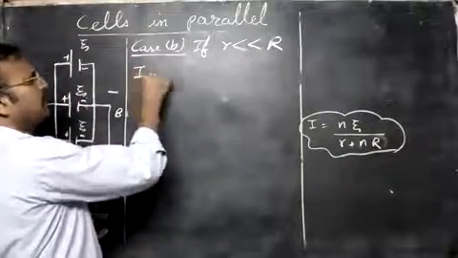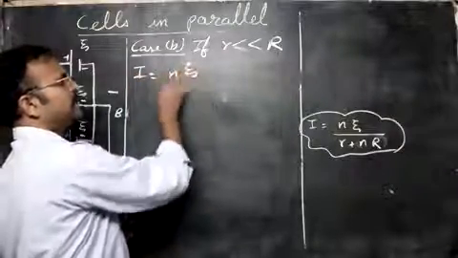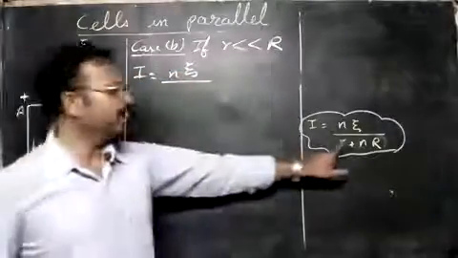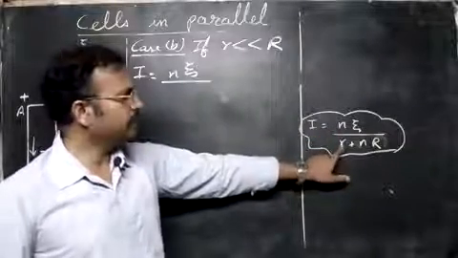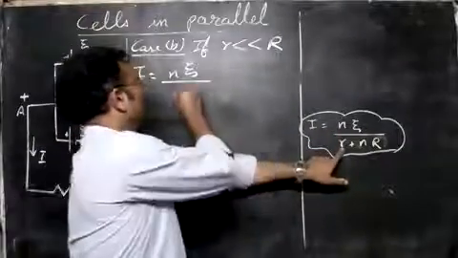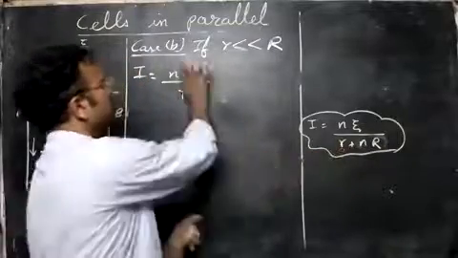So what will happen? What will be the current there? In the top term we have n times epsilon, the EMF, divided by this. You can't neglect this term; you have to write R as it is.